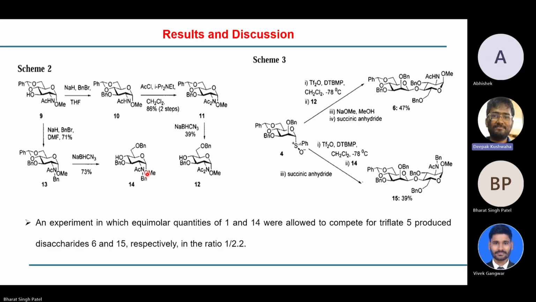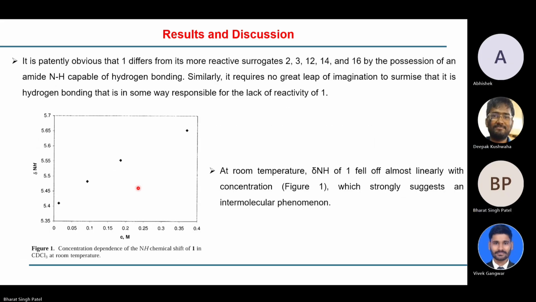But in my case, it is in the donor. So 12 in the donor is fine, there is no problem. People have utilized N-diacetyl a lot, but this 14 they have not utilized. And they said here also that compared to 1, 2, 3, 12, 14, and 16 are good because there was no NH bonding.